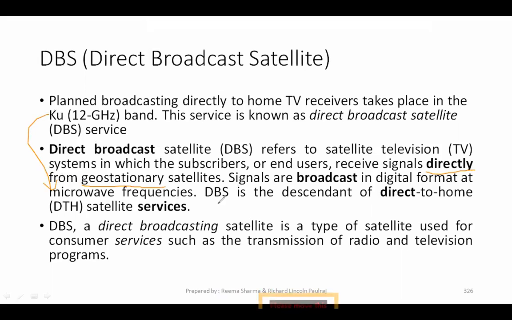DBS is the descendant of direct-to-home satellite services. So it's a part of your DTH services that we all are having. DBS, direct broadcasting satellite, is a type of satellite used for consumer services, such as transmission of radio and television.